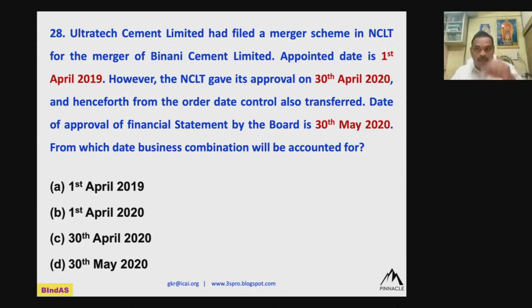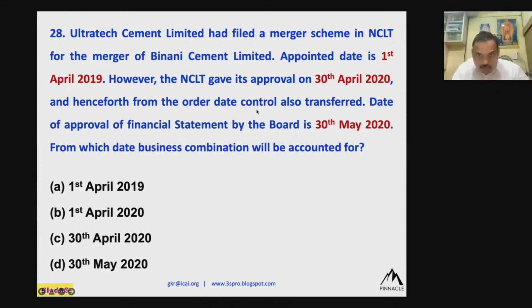So the approval date is 1 year later, okay, after actually 13 months. And henceforth, from the order date, control also transferred. Okay. Date of approval of financial statement is 30th May. So from which date will the business combination be accounted for? Very interesting. Now you have 3 dates. Okay. So which date will you actually take? Is it that NCLT gave its approval on 30th April and henceforth from the order date only control also transferred?